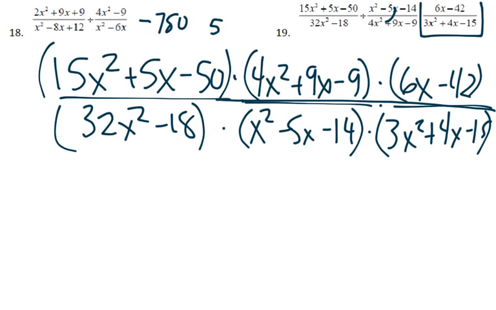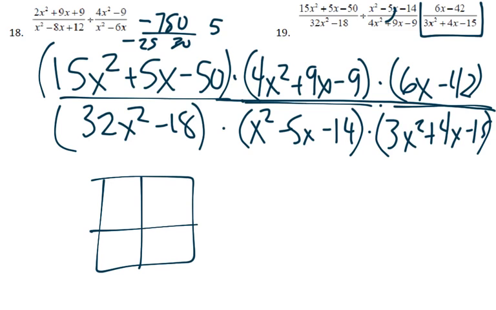Good guess. If 25 were negative and 30 were positive, that would give us positive 5. So make a box here, 15x squared, negative 50, and we've got negative 25x and 30x.